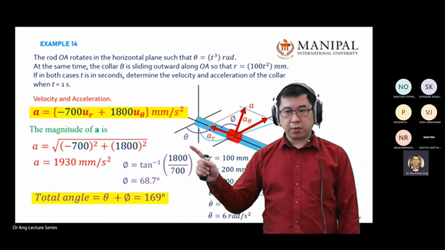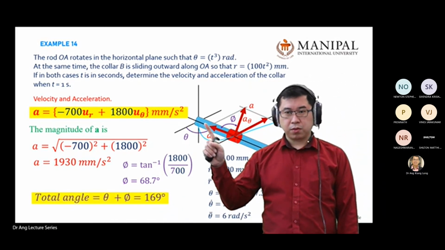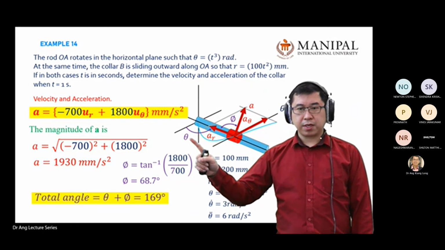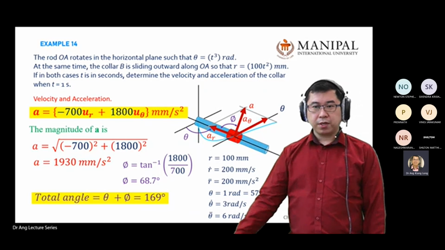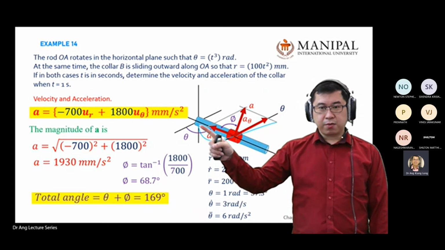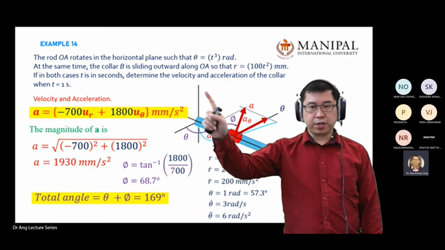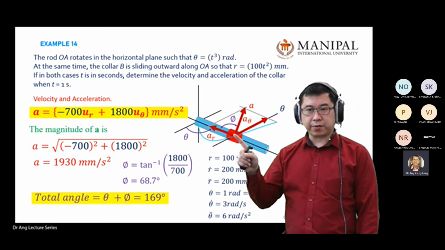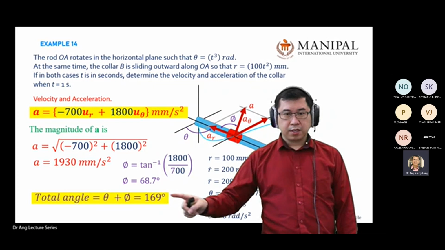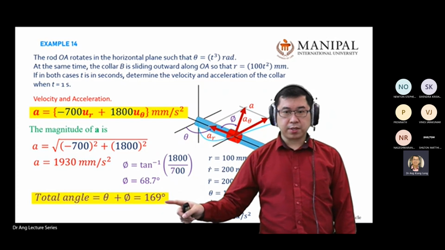For the total angle, always remember to add the origin angle. In this one, this is a special scenario. You always need to check where your origin axis is relative to the object. In this case, we are focusing on the ring. So the total angle is 169.